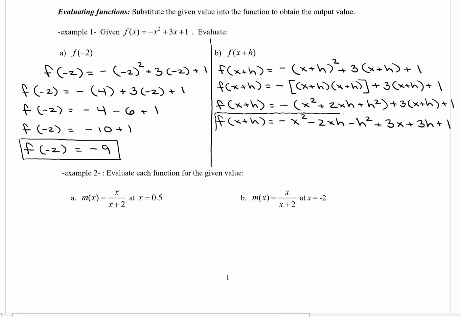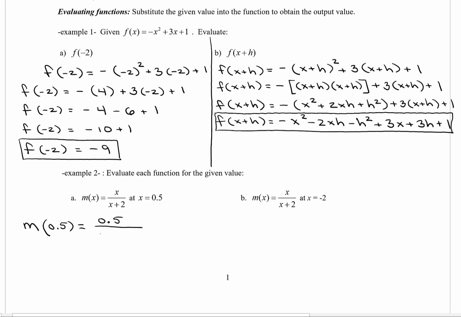Example 2. Evaluate each function for the given value. A. m of x is equal to x divided by x plus 2 at x equal to 0.5. So m of 0.5 is going to be equal to 0.5 divided by 0.5 plus 2.